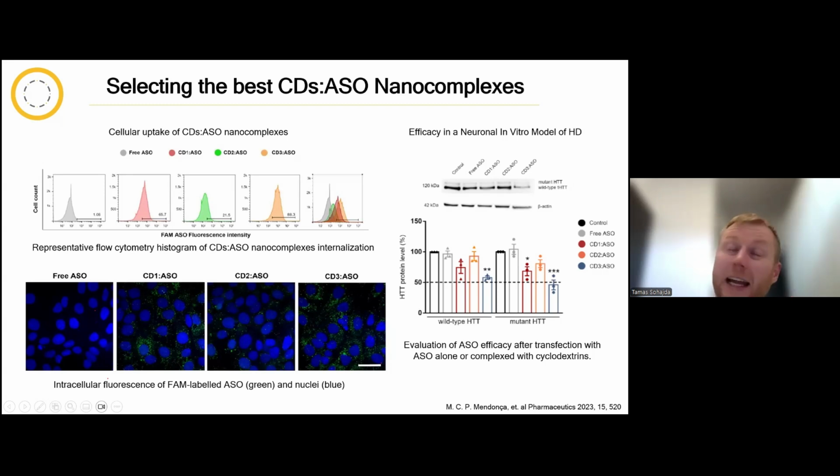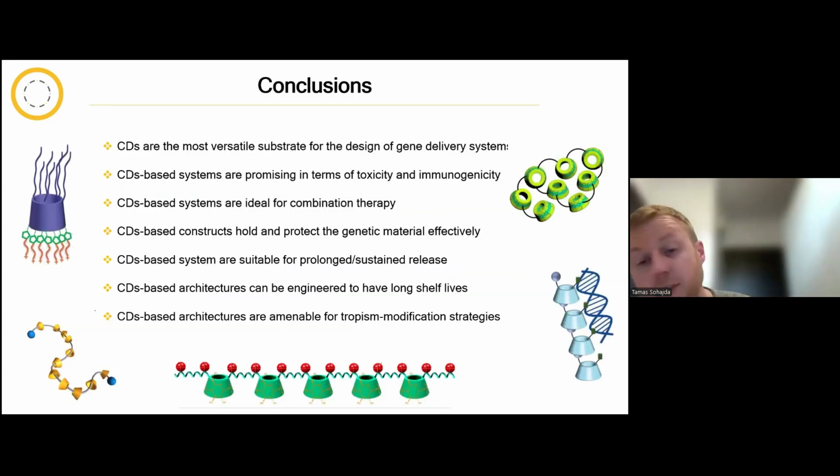Now since then, in the GeneGuide project we could achieve over 80%, so 80 to 90% knockdown, which is comparable to the efficacy of lipid nanoparticles. So in general, we consider this application, the amphiphilic cyclodextrins, much better.